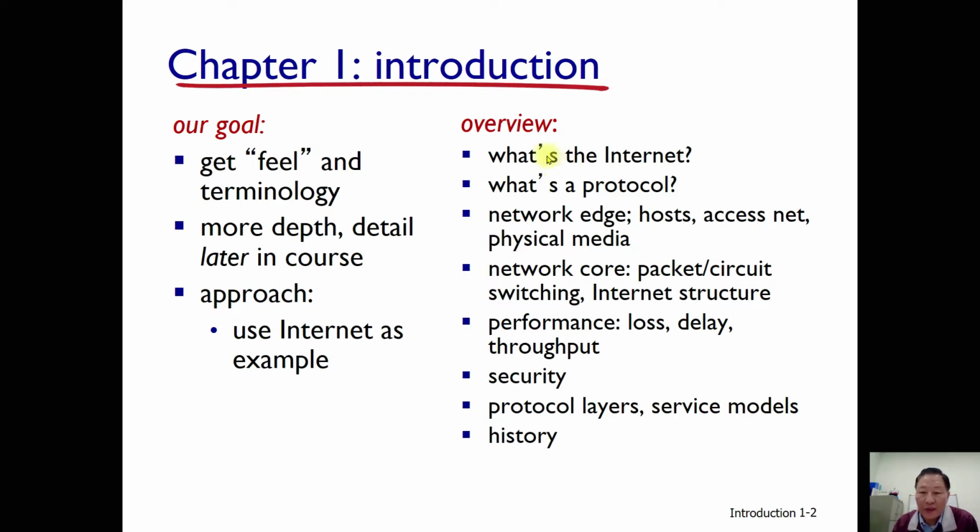What is the internet? We learn about protocols, the network edge, hosts, access networks, and the physical media. In the network core part, we learn about the packet switching concept and the circuit switching concept, and after that we learn about internet structure.